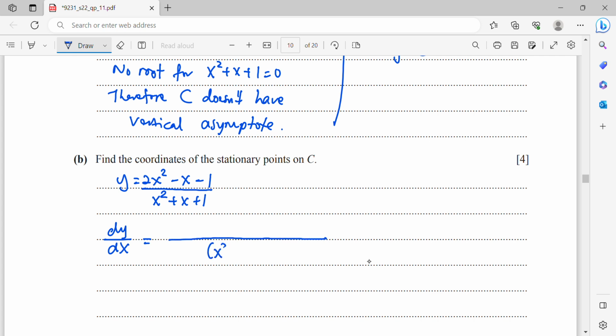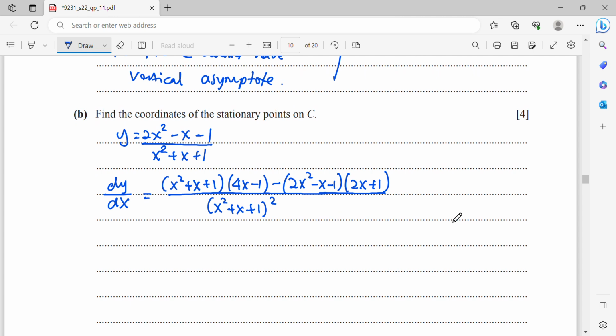Square the denominator, rewrite the denominator, and then differentiate the numerator. When you differentiate 2x squared, you get 4x. Minus x becomes minus 1. The minus 1 becomes 0. Then minus, rewrite the numerator, and differentiate the denominator, which becomes 2x plus 1.